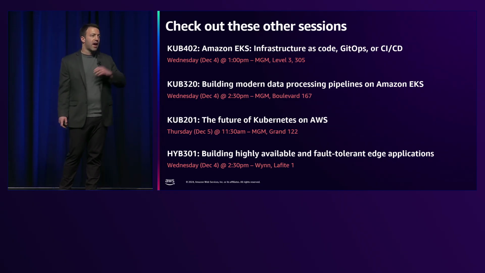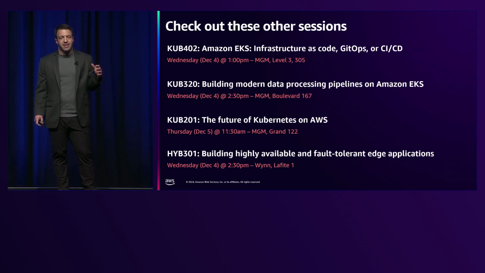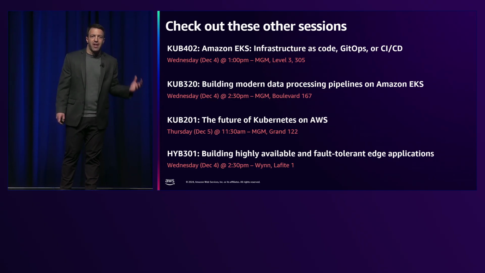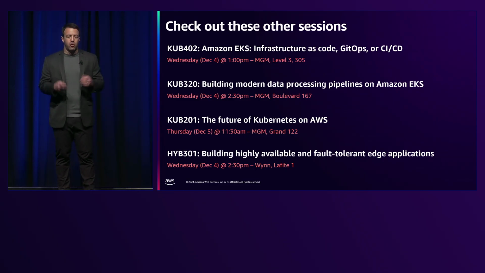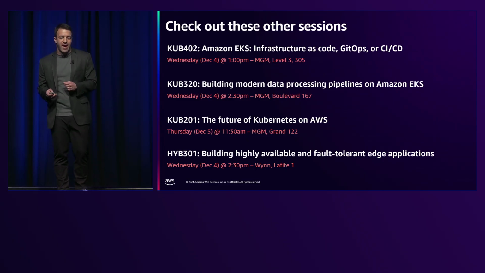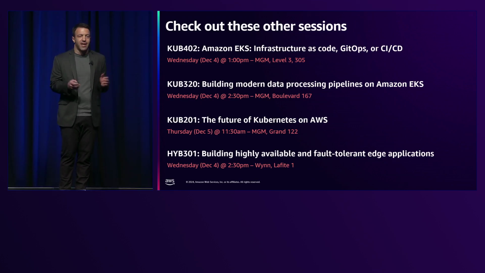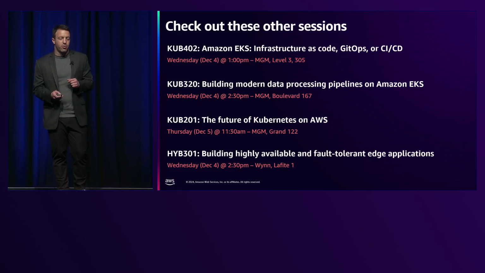KUB310 is going to focus on how organizations build petabyte scale data processing pipelines on EKS. And at KUB201, you'll hear from Amazon Kubernetes product leadership about the latest innovations and strategies for building platforms and applications with Kubernetes faster. We also encourage you to attend sessions on the hybrid and edge track, such as HYB301.